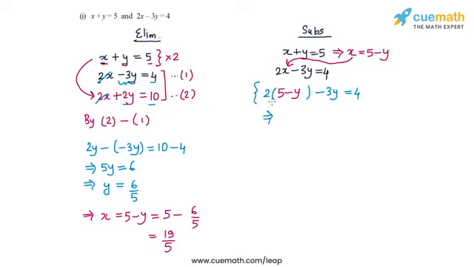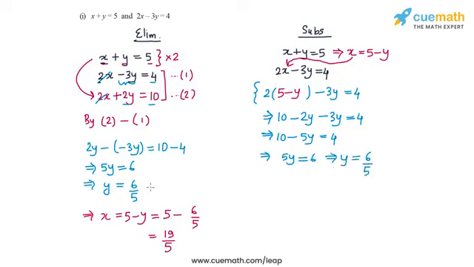So we get 2 into 5 minus y, or 10 minus 2y, minus 3y is equal to 4, or 10 minus 5y is equal to 4, or I can isolate 5y is equal to 6, or y is equal to 6 by 5.